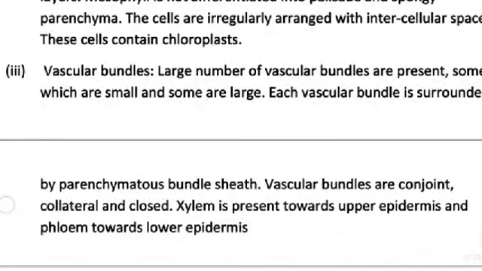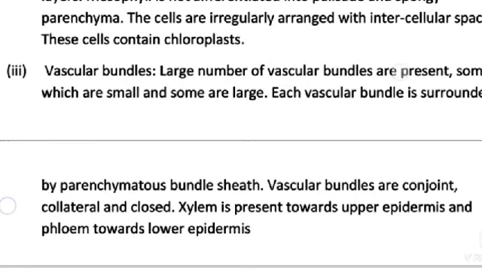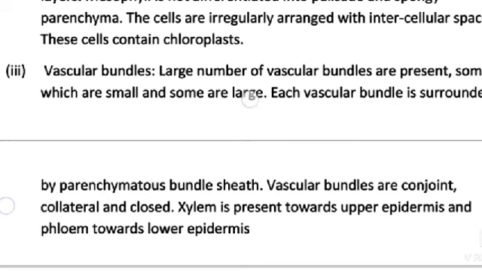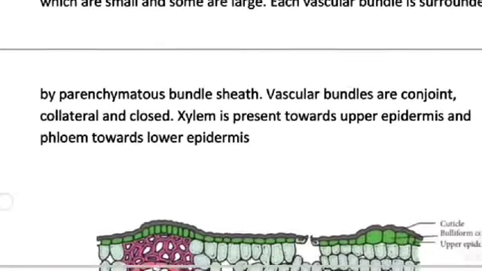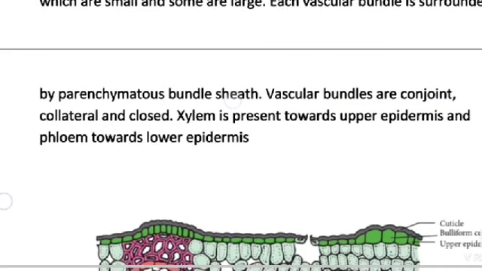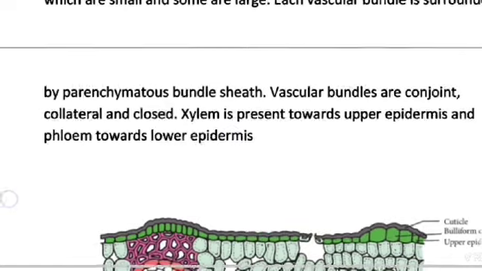Vascular bundle: a large number of vascular bundles are present, some small and some large. Each vascular bundle is surrounded by a parenchymatous bundle sheath. Vascular bundles are conjoined, collateral and closed. Xylem is present toward the upper epidermis and phloem towards the lower epidermis.